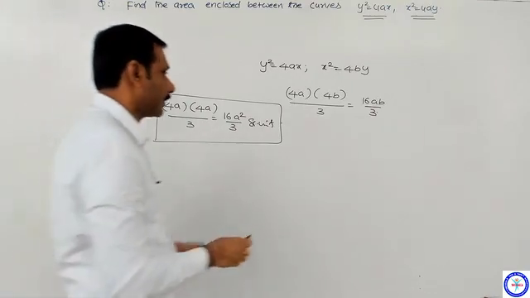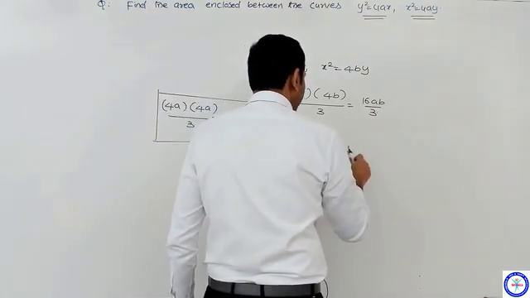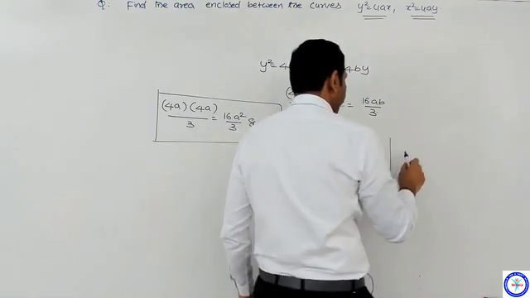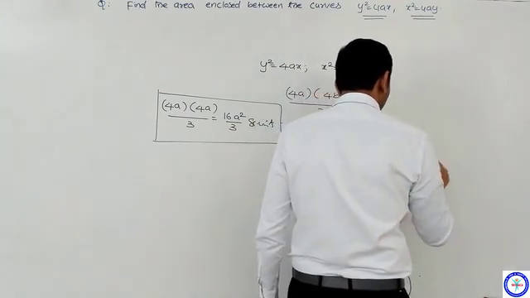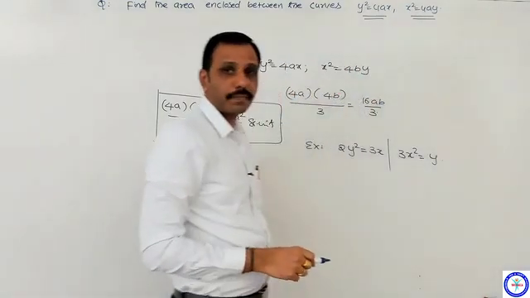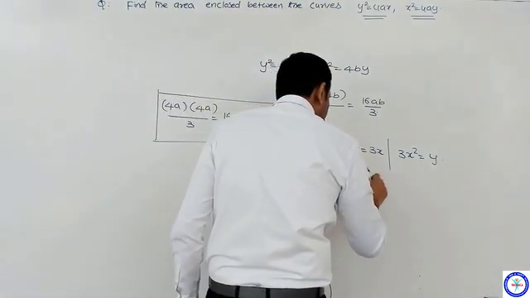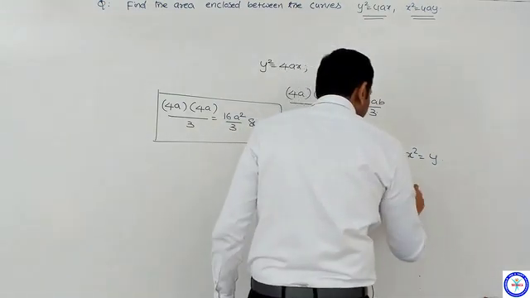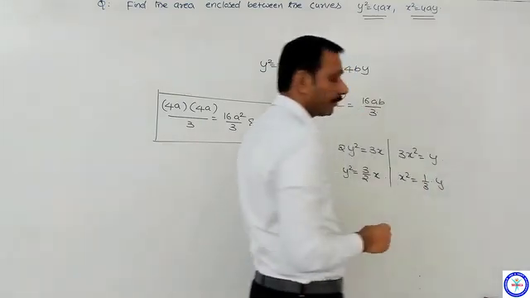Now you see one more example. Suppose I need the area between the parabolas 2y square equal to 3x and 3x square equal to y. Yes, this parabola can be written as y square equal to 3 by 2 into x, and the second one I can write as x square equal to 1 by 3 into y.